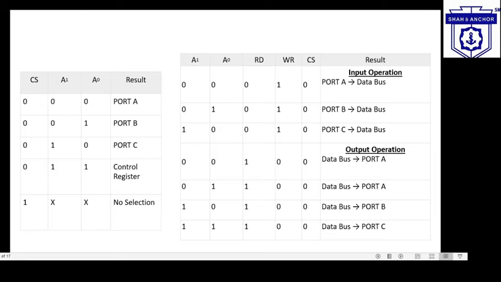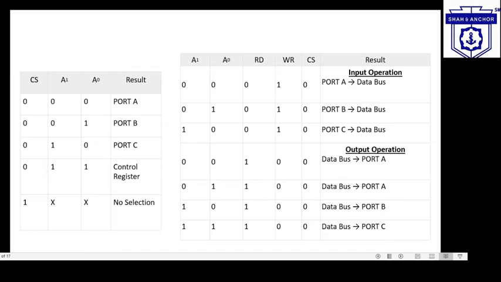If this combination is changing, it indicates we are moving from port A, then port B and then port C. So if A1 and A0 are 00, we are using port A, 01 port B, 10 port C. Then chip select is 0 for all the ports and it is performing the write operation. So WR is 1 and RD is again 0.